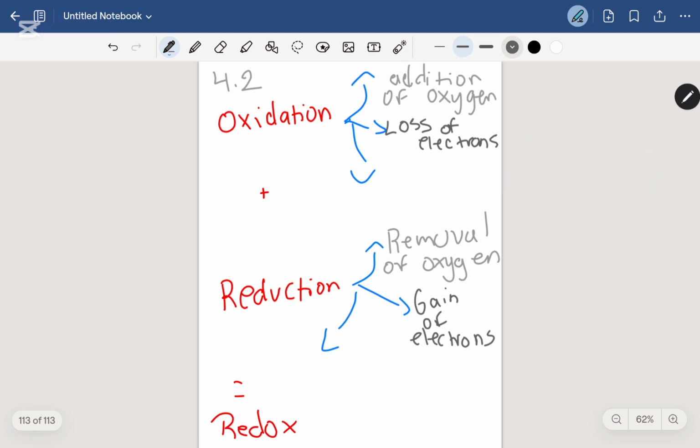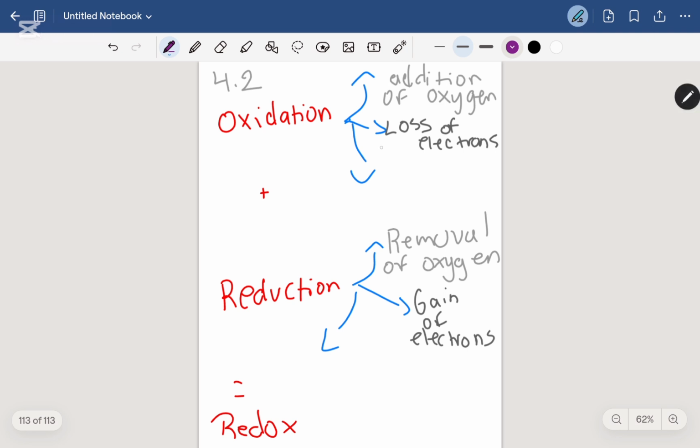This is what is meant by smaller. So if it gains electrons and it becomes smaller than its original charge, then we say this is reduction, okay? Now the last and final one, which we will discuss also in 4.3, is based on oxidation number.